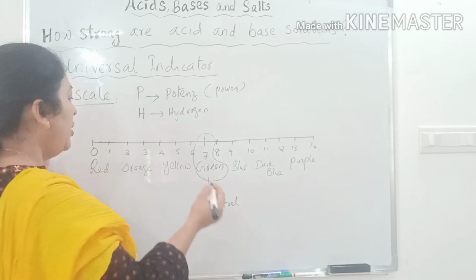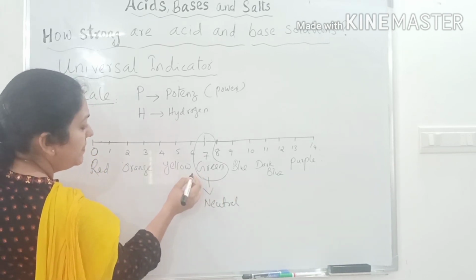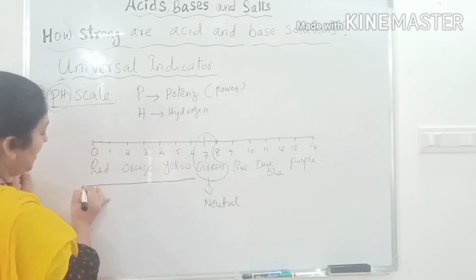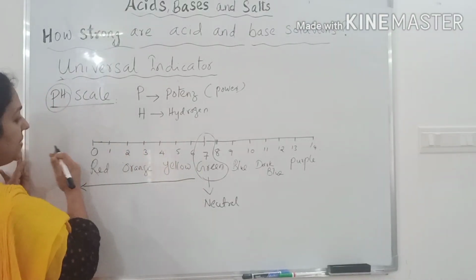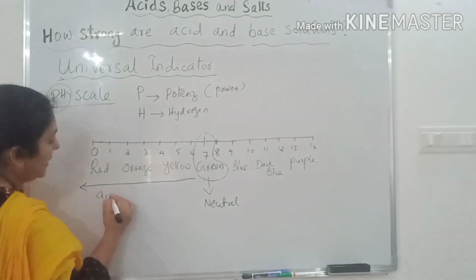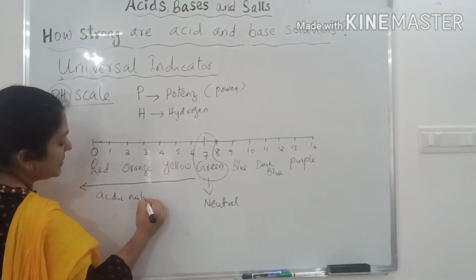But when you move from 7 to the left side, through 6, 5, 4, 3, 2, 1, 0, acidic nature increases.